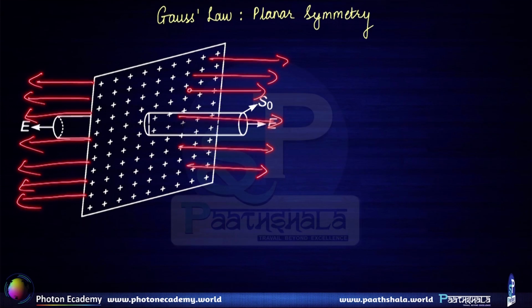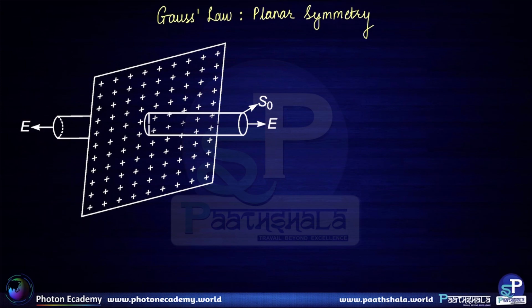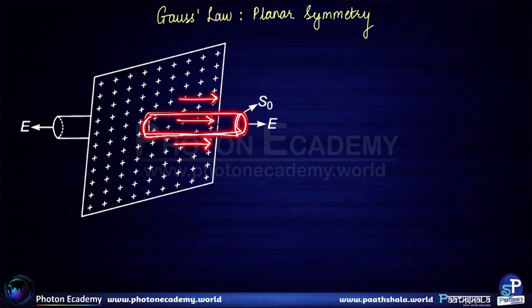So if we look at this particular Gaussian surface, for the curved surface area, the electric flux is going to be 0, because the electric field lines are parallel to the curved surface. They are perpendicular to the plane, and hence they are parallel to the curved surface, because this particular Gaussian surface itself is perpendicular to the plane.